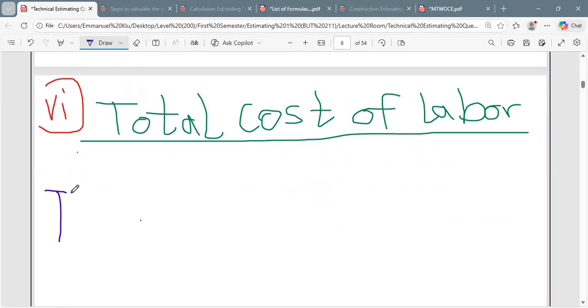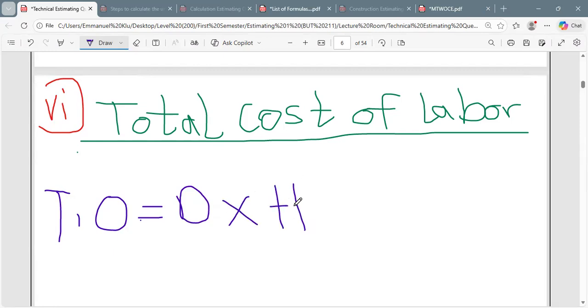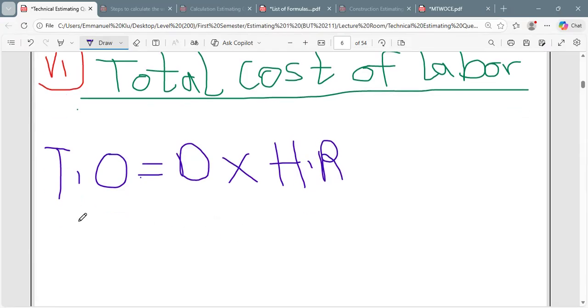The total cost now is equal to the duration times the hire rate. Let's all write that together: the total cost is equal to duration times hire rate.